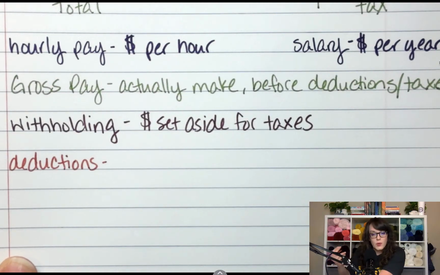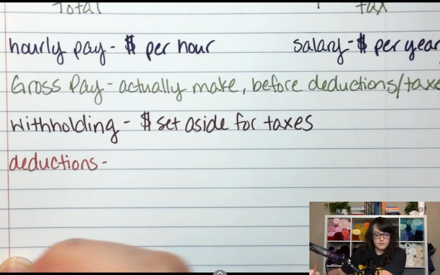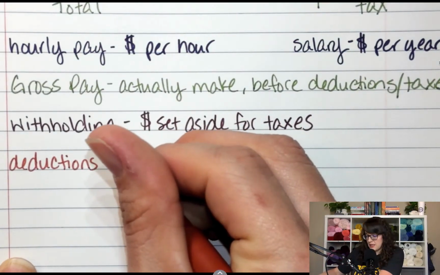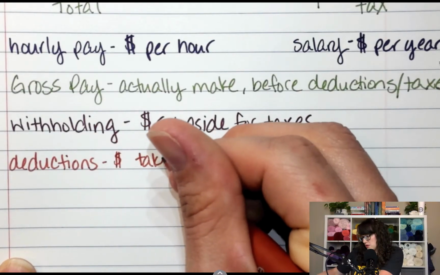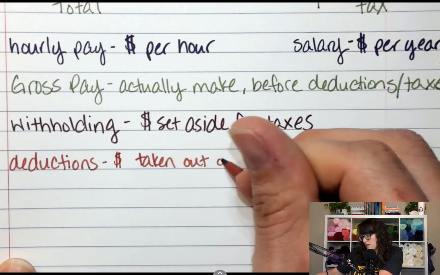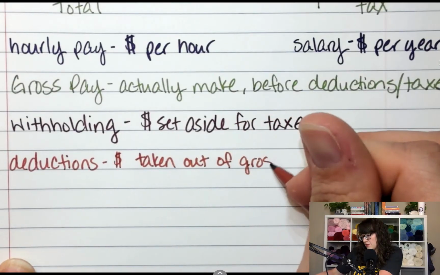My husband and I, we have a charitable account so that in his paycheck, we take out money to donate. So, deductions, money taken out of gross pay.